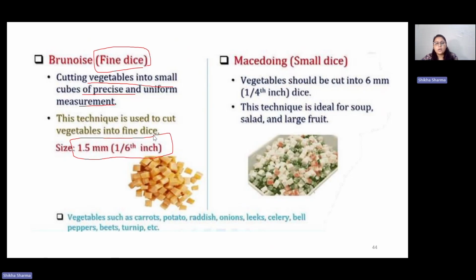That means it is the fine dicing or the brunoise. And if the dicing gives around 6 mm dice or 1/4 of an inch, which is used for soups, salads, and larger fruits, it is known as medium dicing or the small dicing.